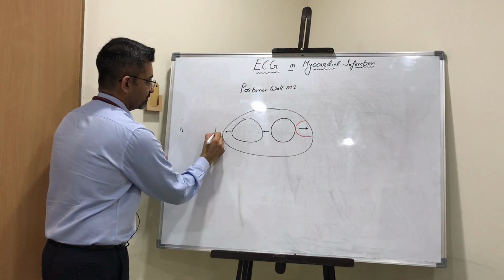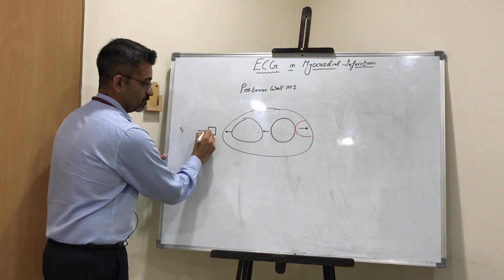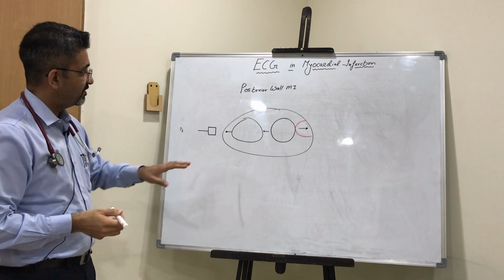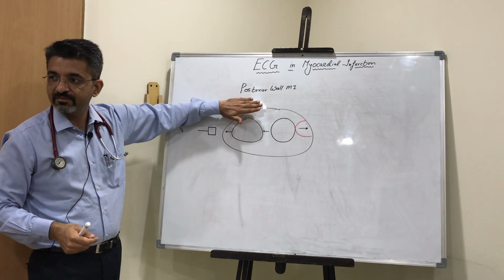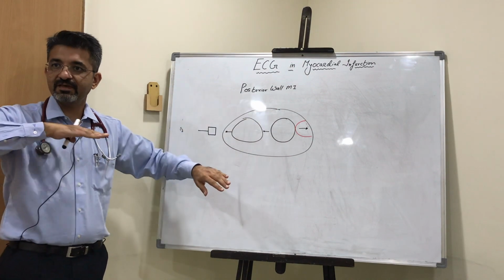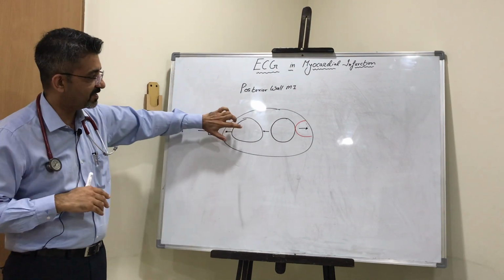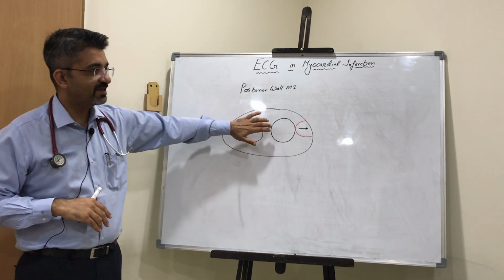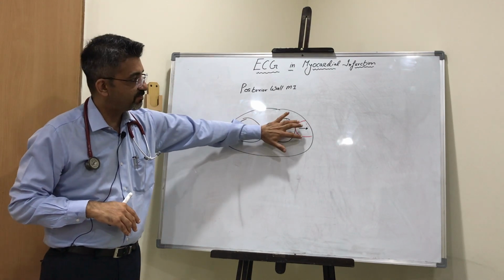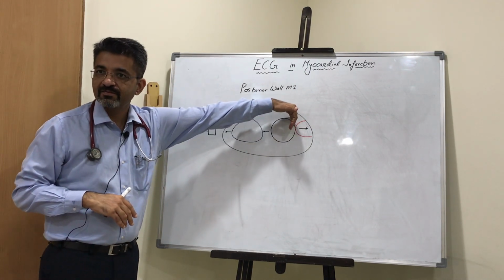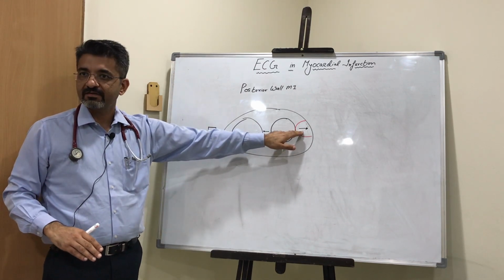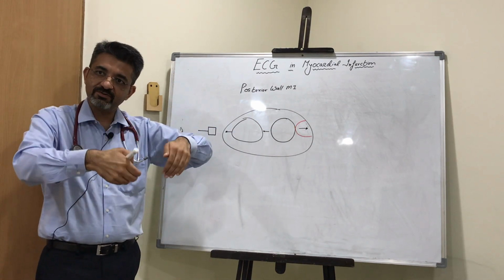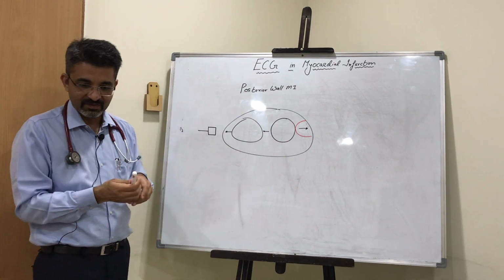Suppose I have a lead here, and I'm looking at it from the top. So this is my right ventricle, this is my left ventricle, and this is the posterior wall of the LV. The posterior wall of the LV is the last part to be depolarized, right? Current flows from the apex to the posterior and basal surface of the heart.